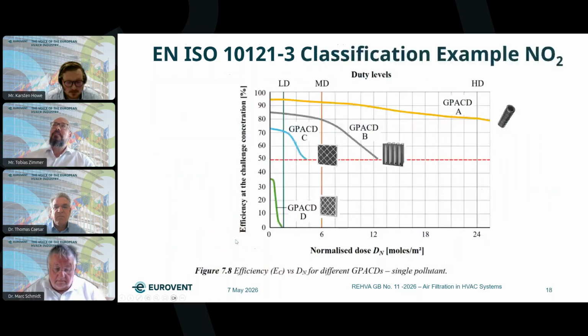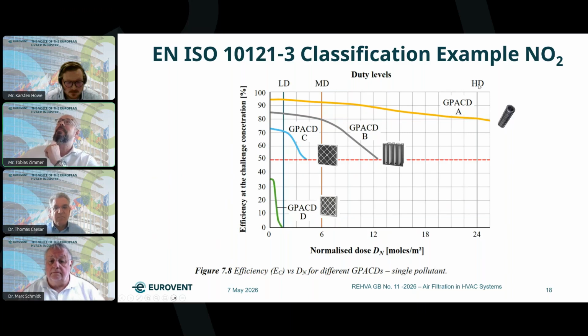And let's have a look at one of these tables where you can basically see some test results. You see on the x-axis the normalized dose in mole, and on the epsilon axis you see the efficiency in percent. And then you can see the limits for LD, so 1.5, limits for MD 6, and limits for HD 24 moles per square meter.